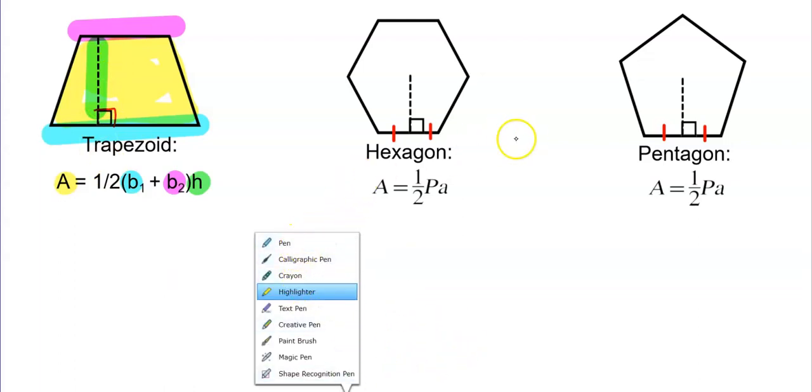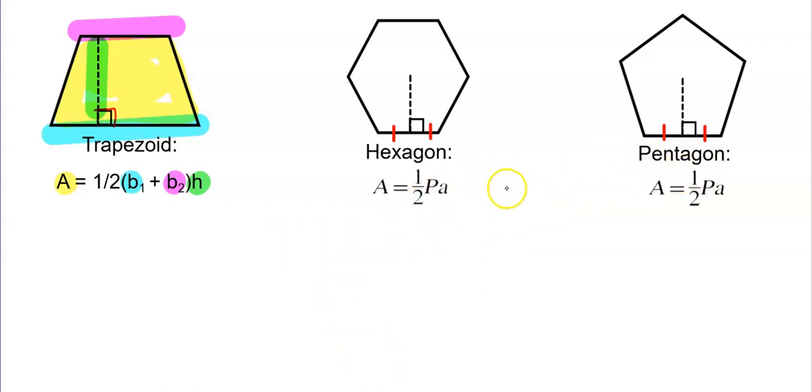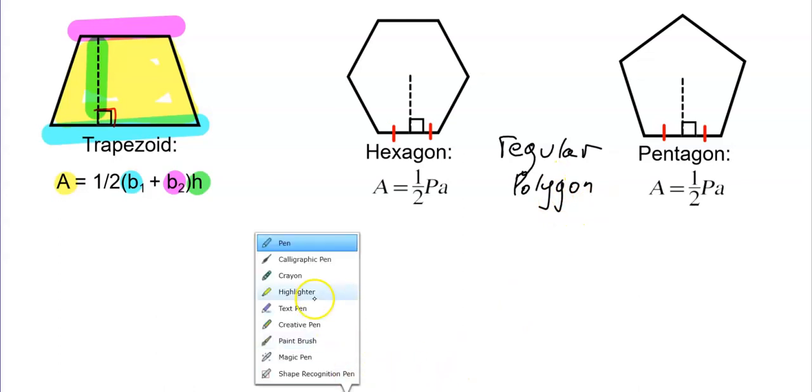Now, this is true for any regular polygon, not just a hexagon and a pentagon. These 2 formulas, you'll notice, are the same. That's because it's true for any regular polygon. Regular means all the sides and all the angles are the same.